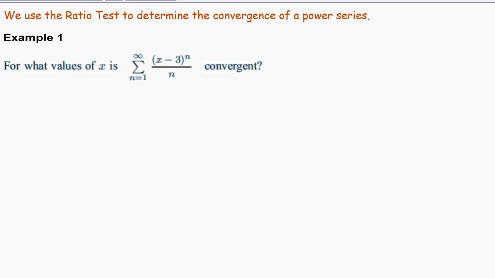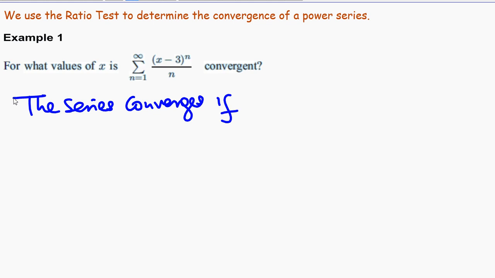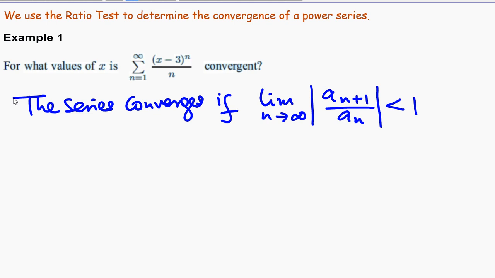Now, we know that from the ratio test, the series converges if the limit of the absolute value of s sub n plus 1 over s sub n is less than 1.